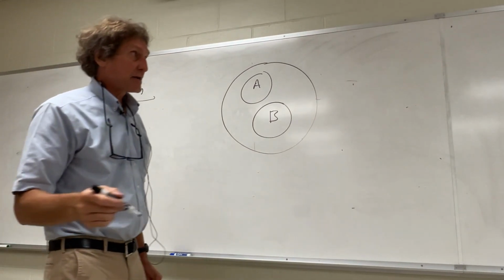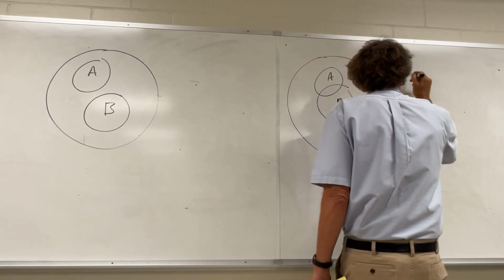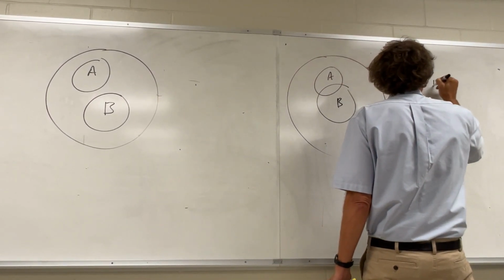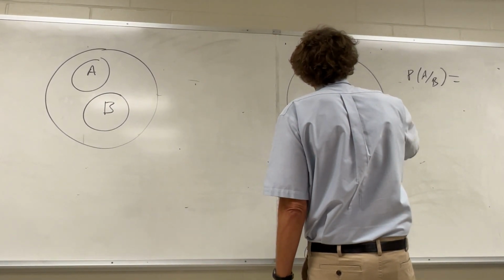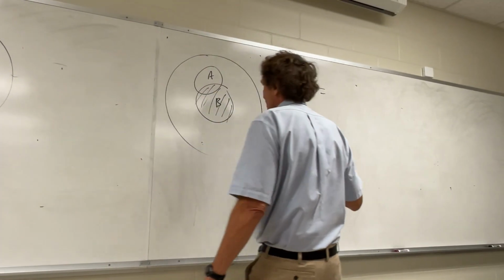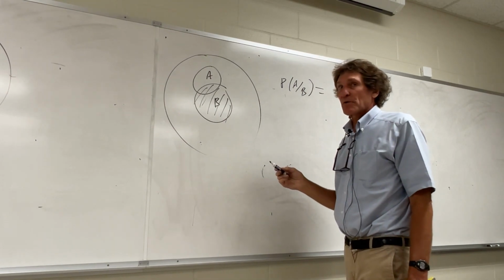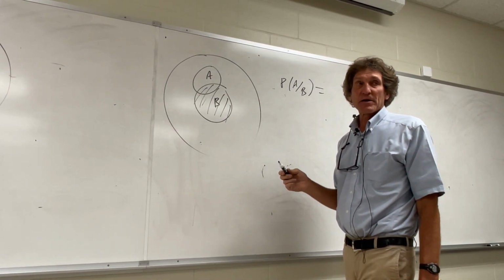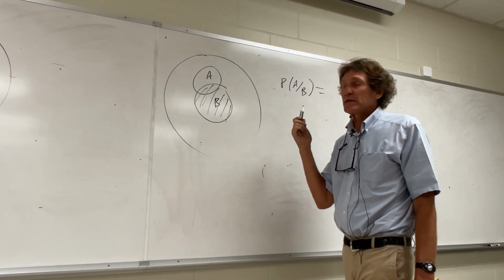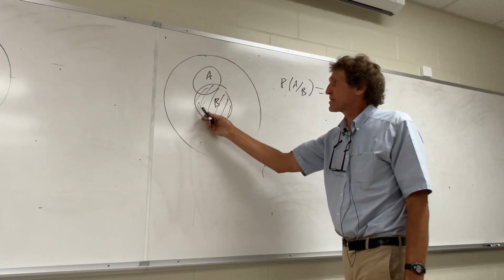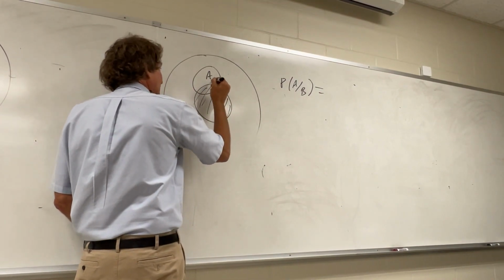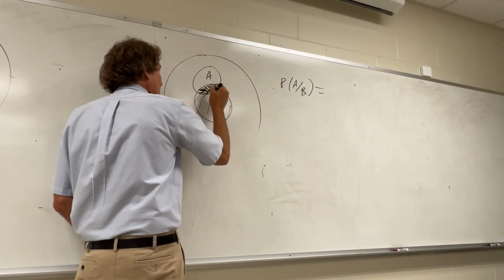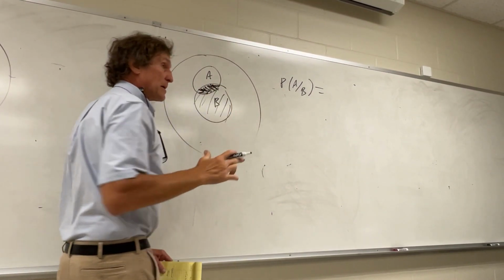But if I do this, and I say I want the probability of A given B, looking at this, it says B occurs, right there. Now, what's the probability of A occurring? What I try to do is tell you it's a ratio of areas. So if this occurs, what's the ratio of the area here to all of B? You all follow me on that?